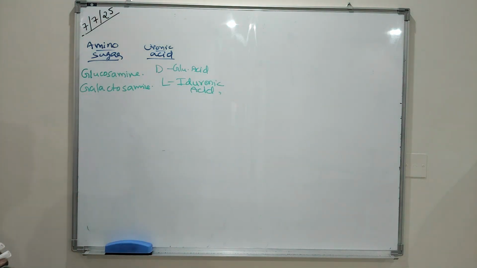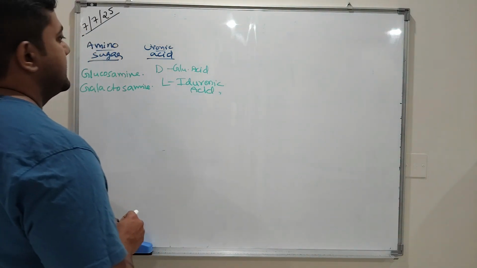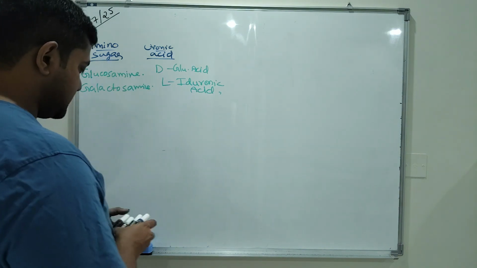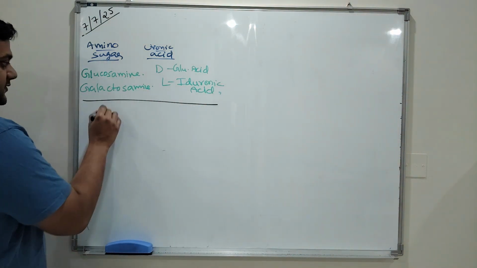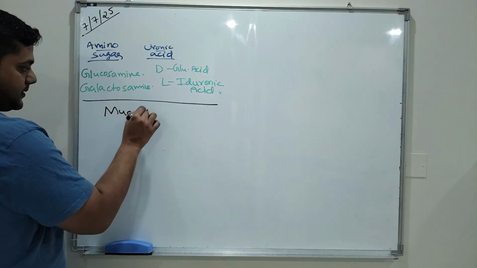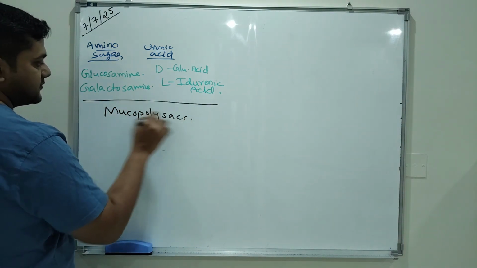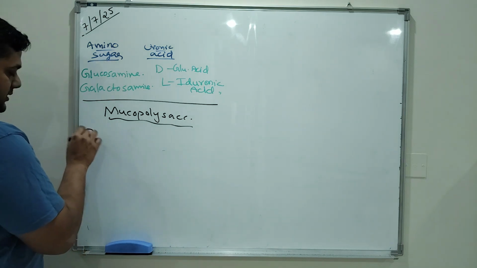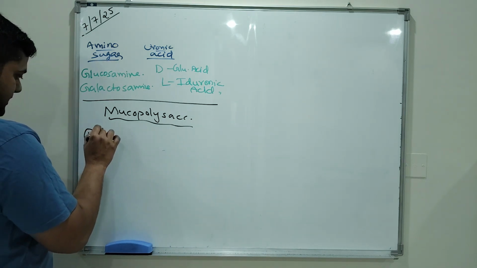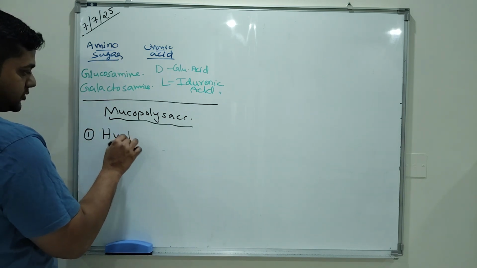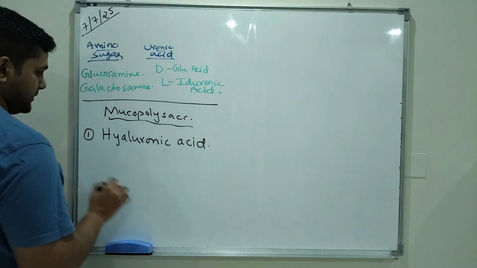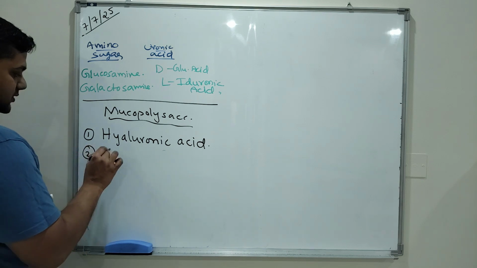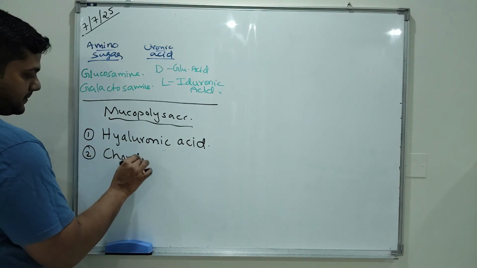With these in hand, we will start discussing the mucopolysaccharides. The main mucopolysaccharides that we are going to discuss are hyaluronic acid, which you might be familiar with from anatomy or histology. Next is chondroitin sulfate.